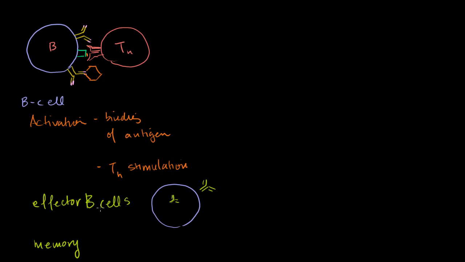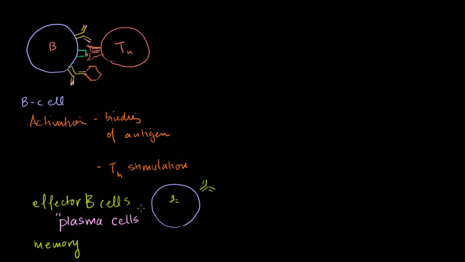It is only the effector B cells that produce the antibodies. If someone were to walk up to you and ask what cells in the body are producing antibodies, you wouldn't be wrong if you said effector B cells, but the common term that people expect to hear is plasma cells.